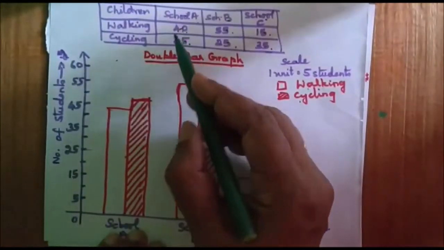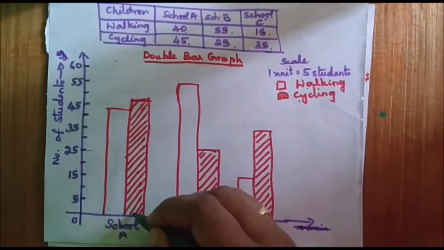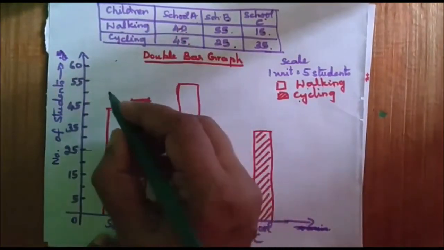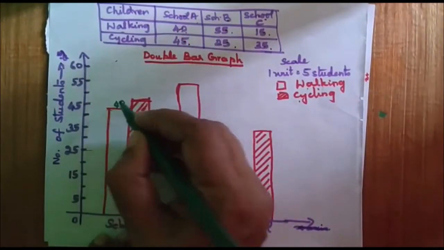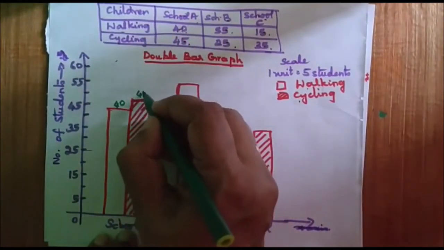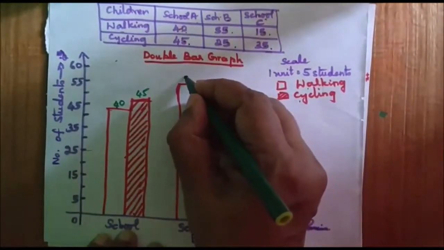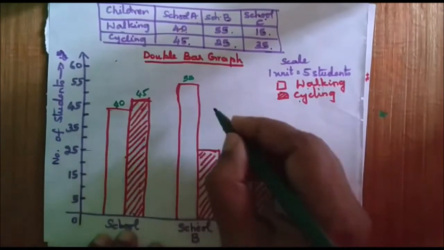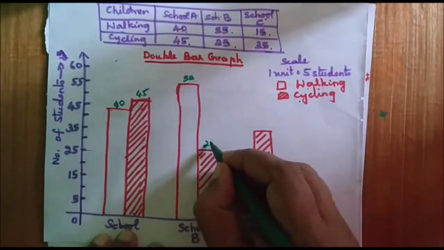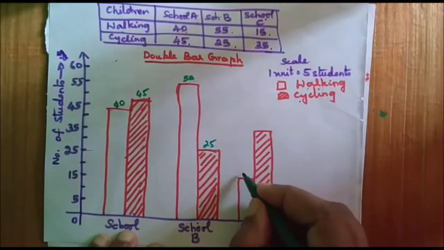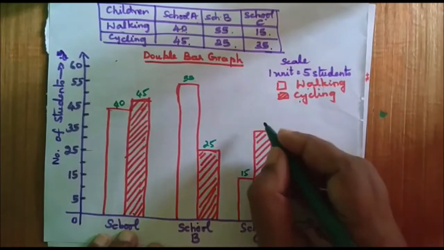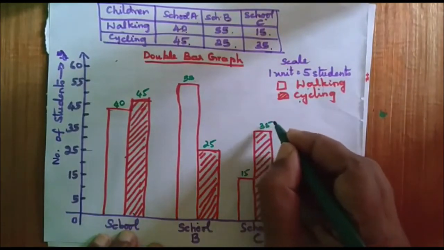So for school A, those who come by walking is 40, and by cycling is 45. Then for school B, those who come by walking is 55 and by cycling is 25. For school C, those who come by walking is 15 and by cycling is 35.